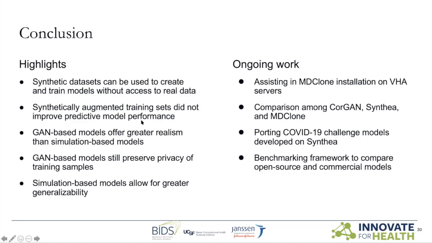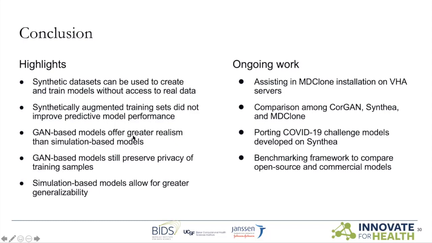At least in this particular use case, augmenting training sets did not improve predictive model performance. This could be for a variety of reasons. It may also be just because our training data set in real data was actually fairly large at 75,000 patients already. One further step to try would be to see if the augmentation would work better if we started out with a smaller sample size in the real data set.